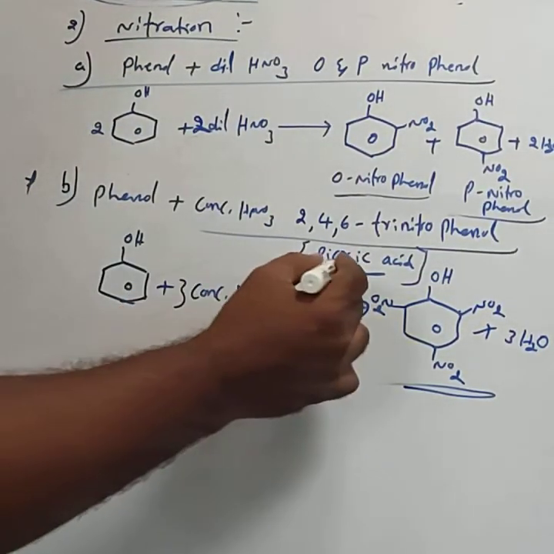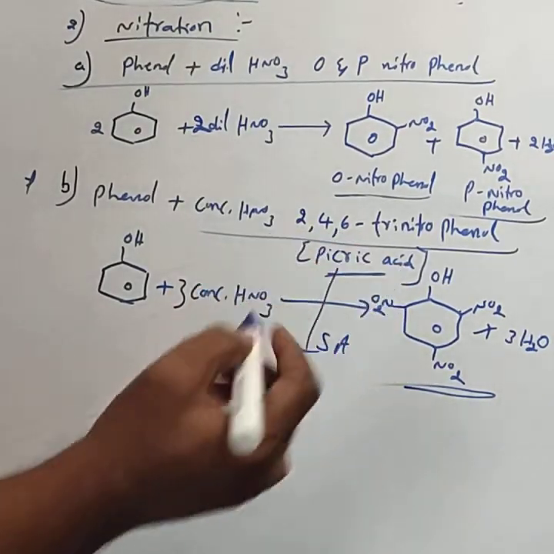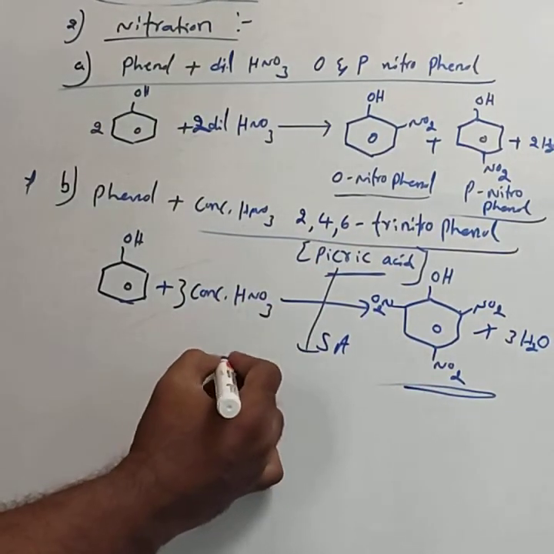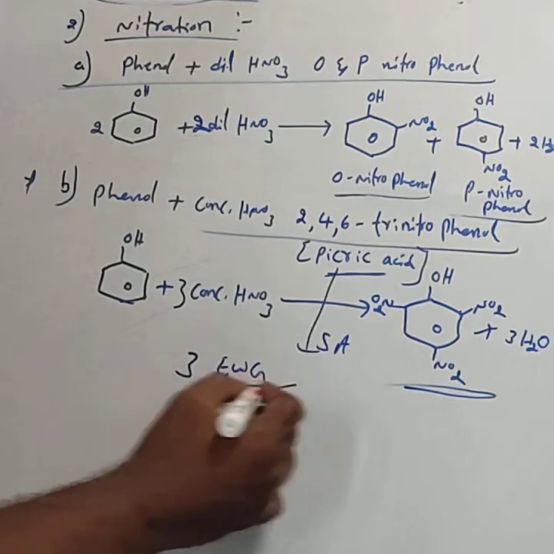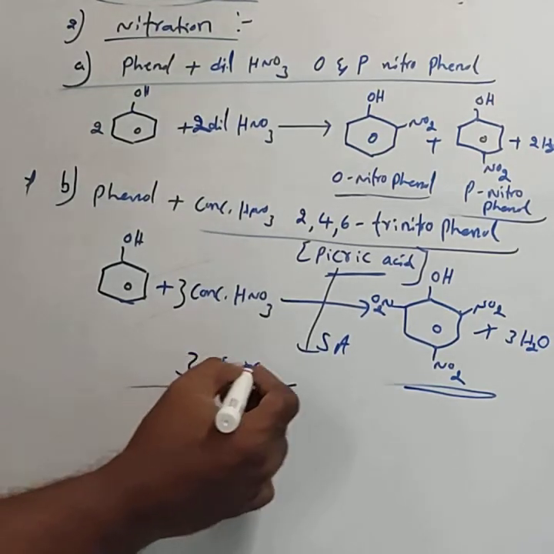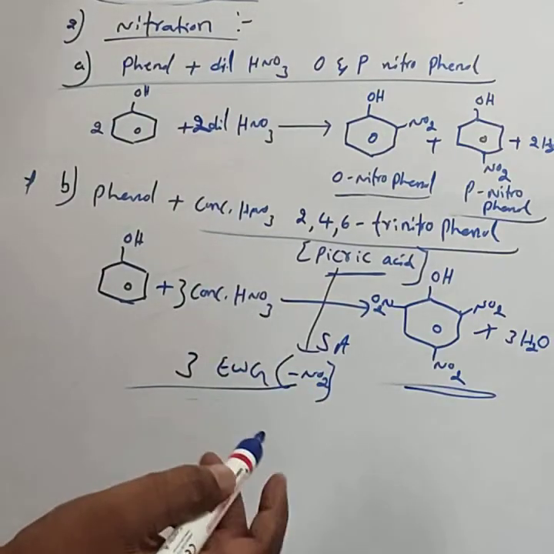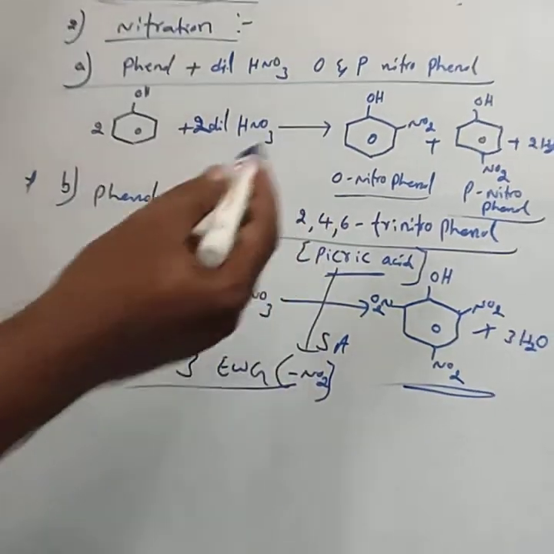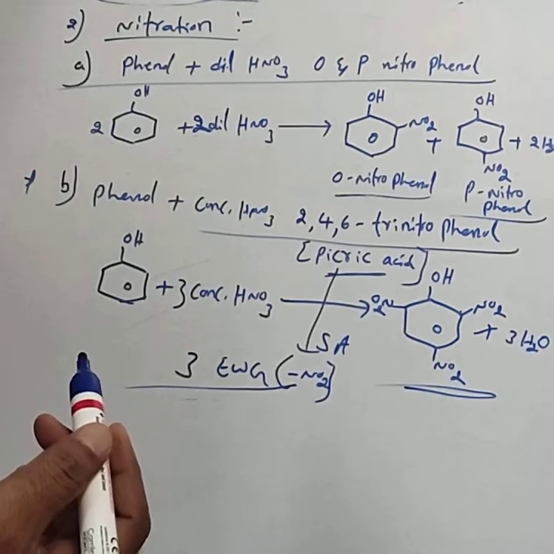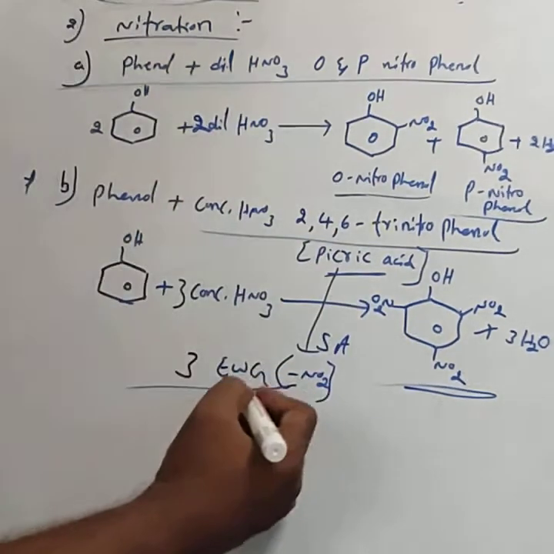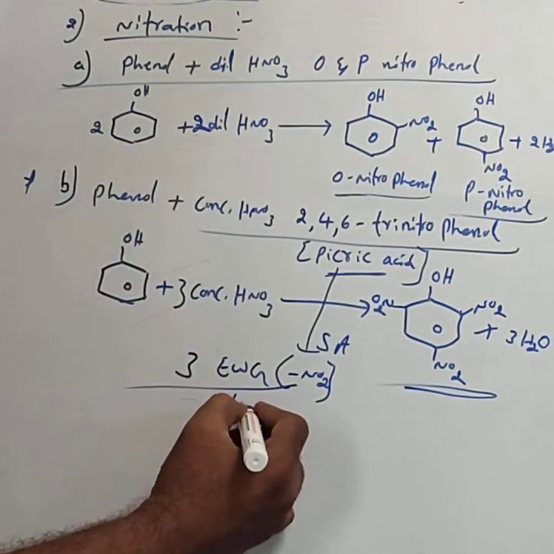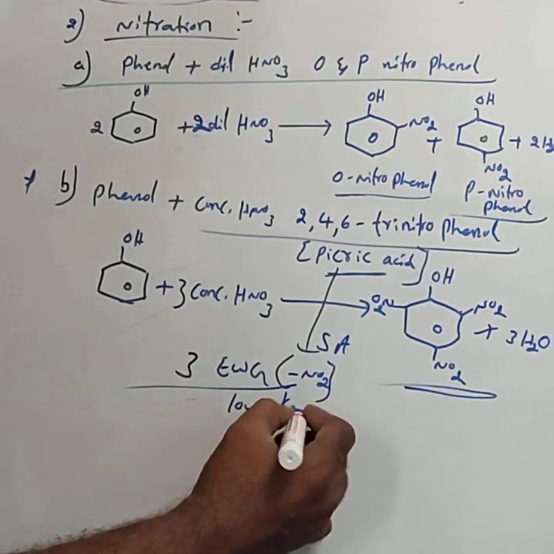Why is picric acid a stronger acid? Because it contains 3 electron withdrawing groups. Due to the presence of 3 electron withdrawing groups like NO2, picric acid is a stronger acid. Picric acid has a very low pKa value.